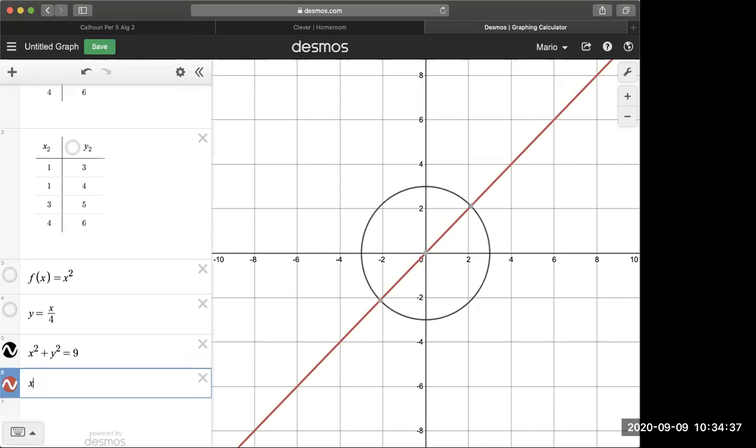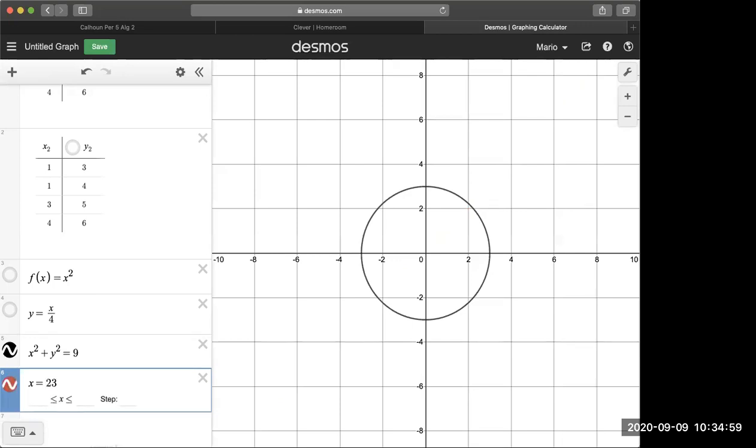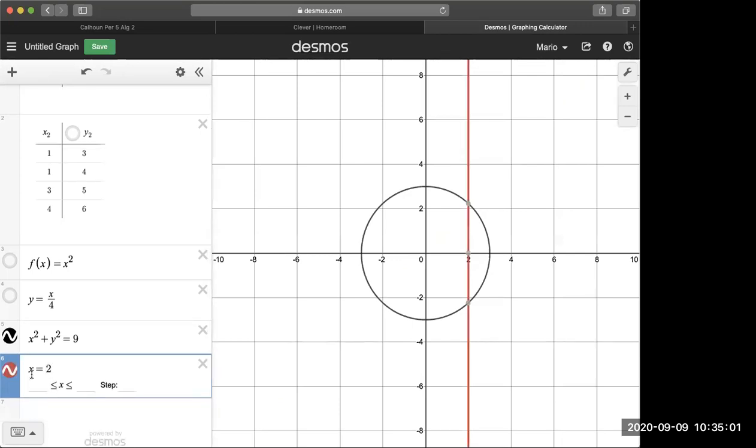If I can create a vertical line, I guess I can't do it. I forgot how to do it here. I'll just do this. X equals 2. Okay, here we go.